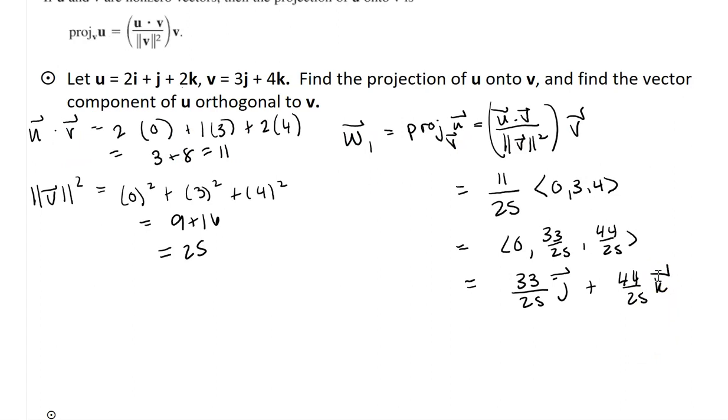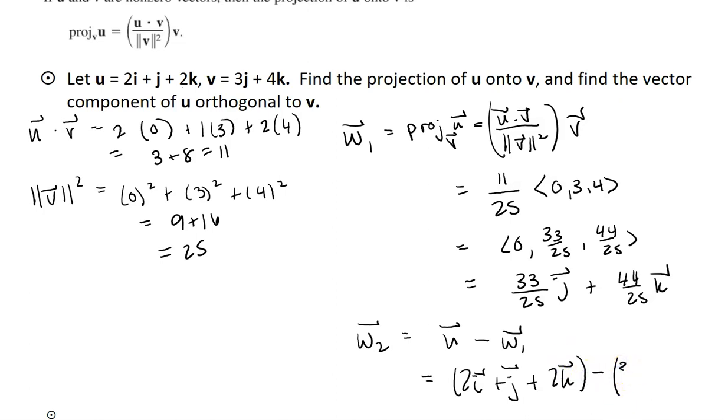Now w2, the vector component of u orthogonal to v, is going to be u minus w sub 1. So that will be 2i plus j plus 2k minus 33 over 25 j plus 44 over 25 k.